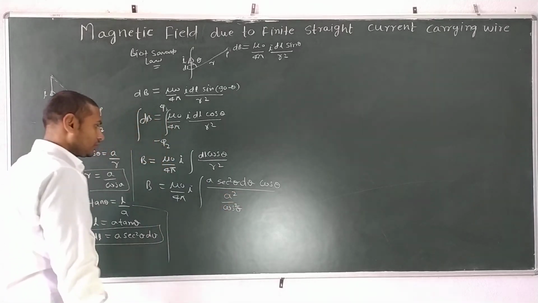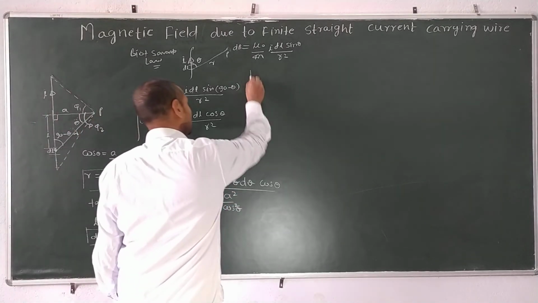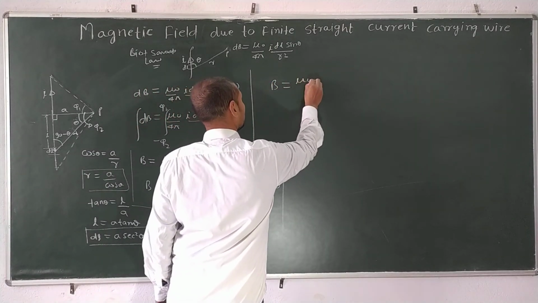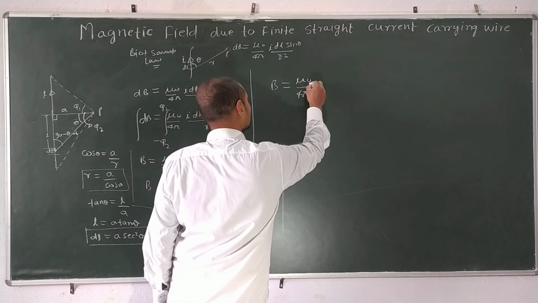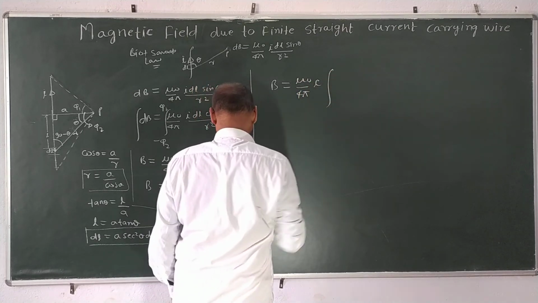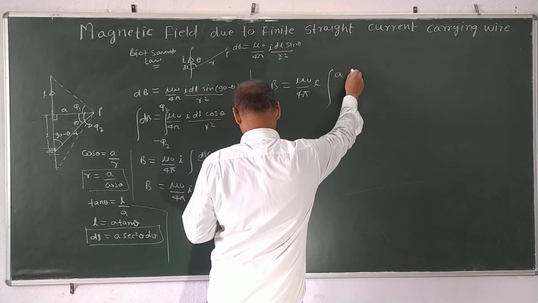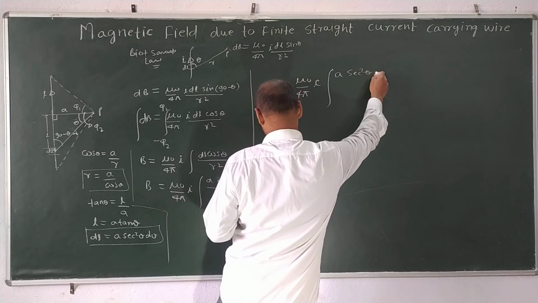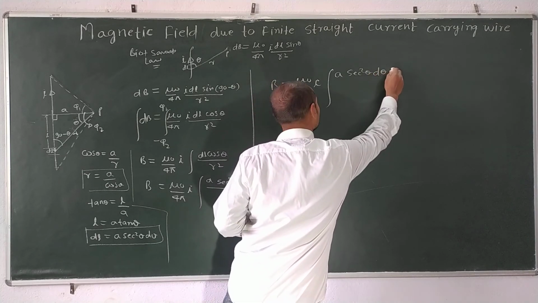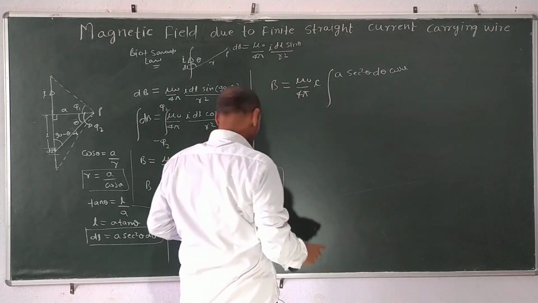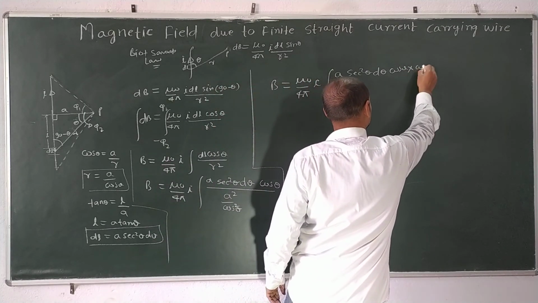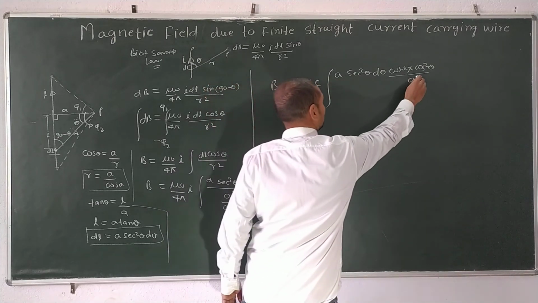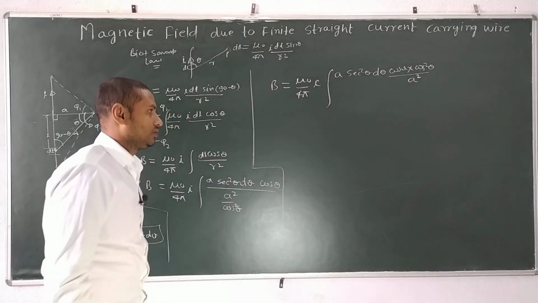As you solve this equation, we get B equal to mu naught upon 4 pi I, a sec square theta d theta cos theta, times cos square theta divided by a square.